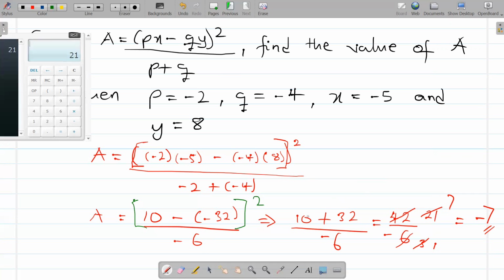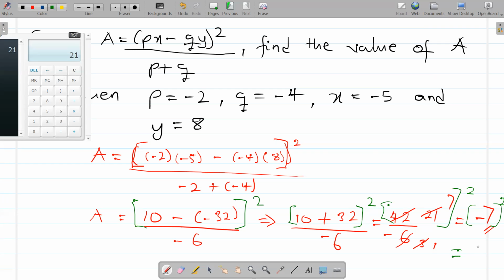Whatever is happening, all to the power 2. So 7 to the power 2, we get what? 49. So the final answer will be this to the power 2.